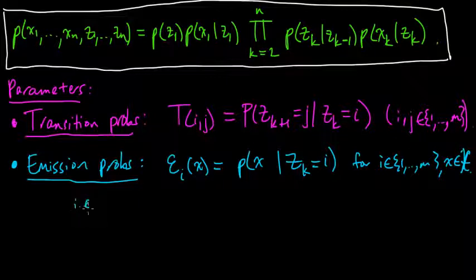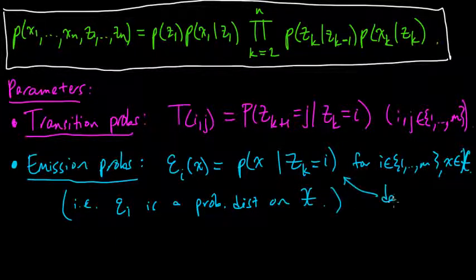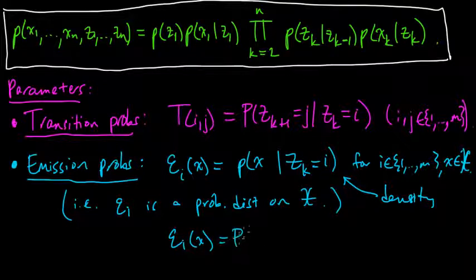In other words, for each i, epsilon i is a probability distribution, say a density, on this space capital script X. Or if we wanted the x's to be discrete random variables, then we could have something like this.